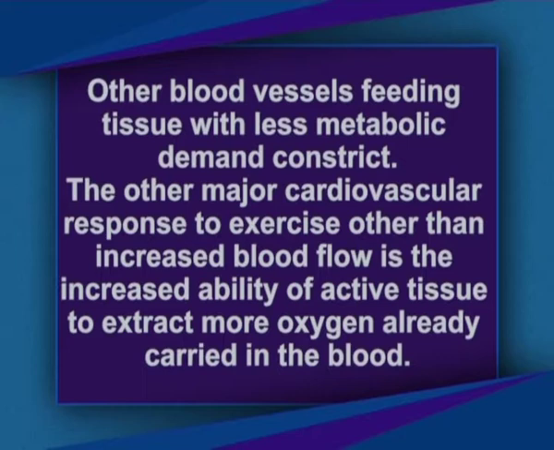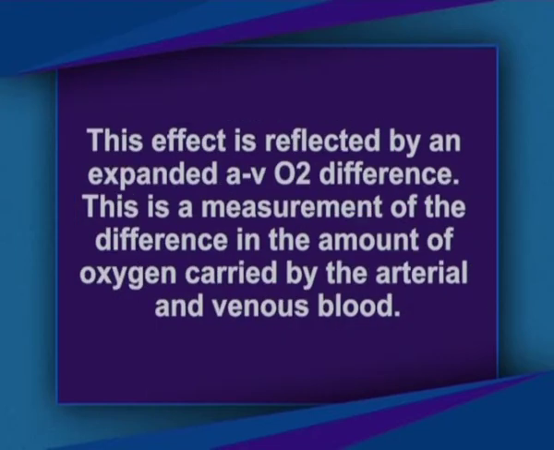The other major cardiovascular response to exercise, other than the increased blood flow, is the increased ability of active tissue to extract more oxygen already carried in the blood. This effect is reflected by an expanded a-vO2 difference.